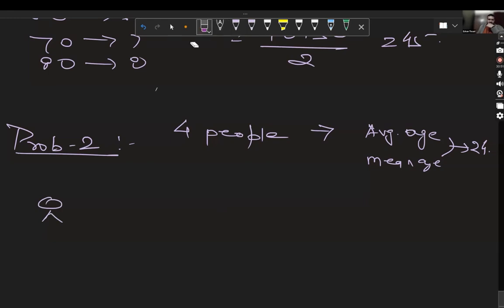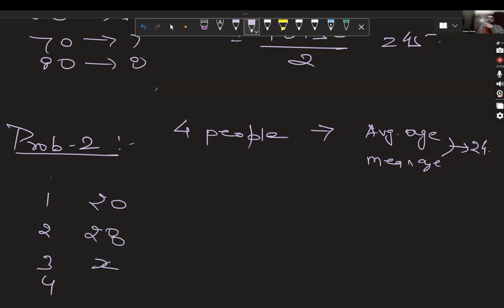Let's not draw it, my drawing is horrible. I'm going to call them 1, 2, 3, 4. The first person is of age 20. The second person is of age 28. For the third person I do not know their age, so I'm going to call it X. And the fourth one is 22. Now we have to find the value of X.